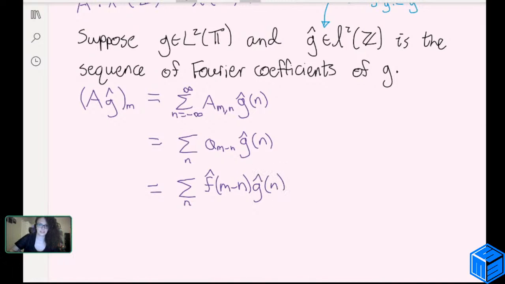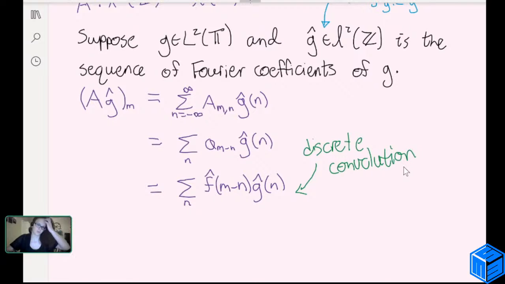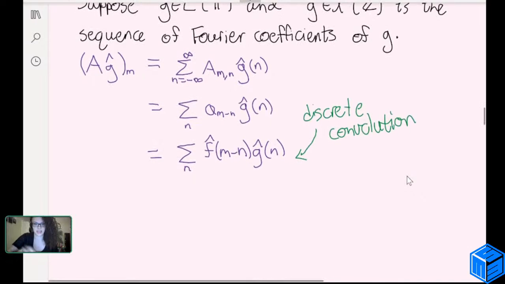Okay, so we've actually found something that maybe you'll recognize here. This is a discrete convolution. Briefly, a convolution tells you how one function, or in this case one sequence, affects the other one.